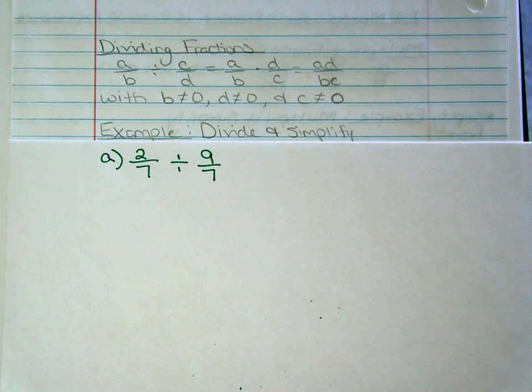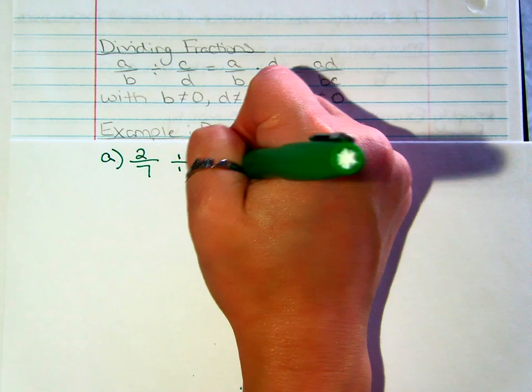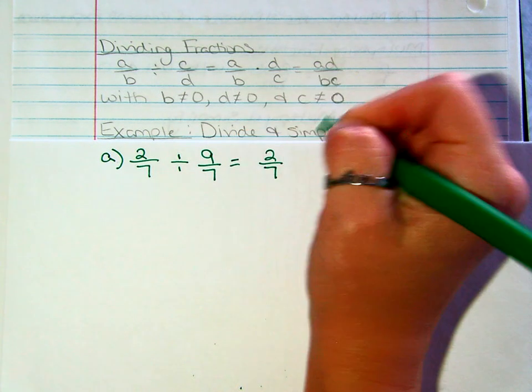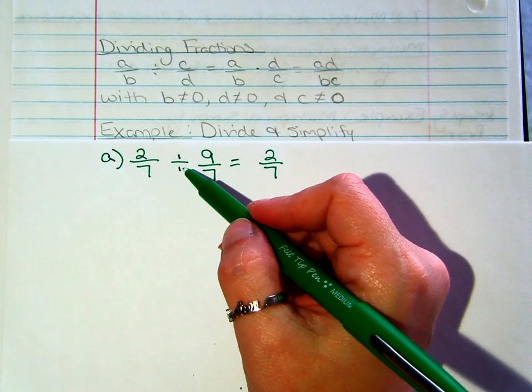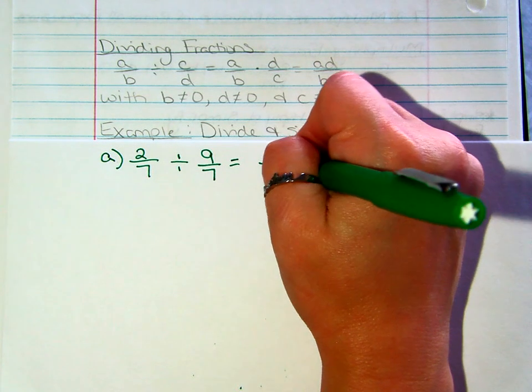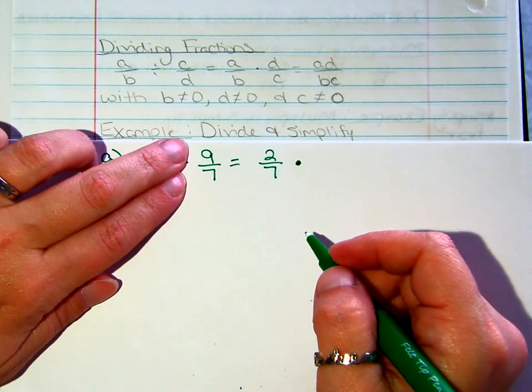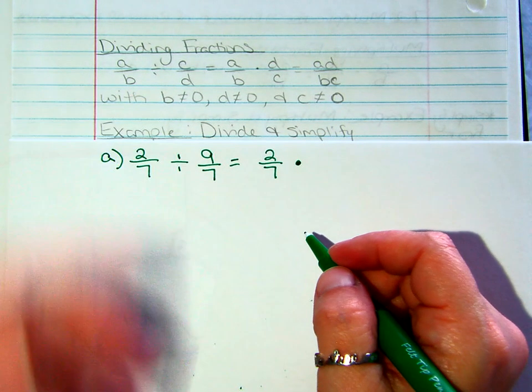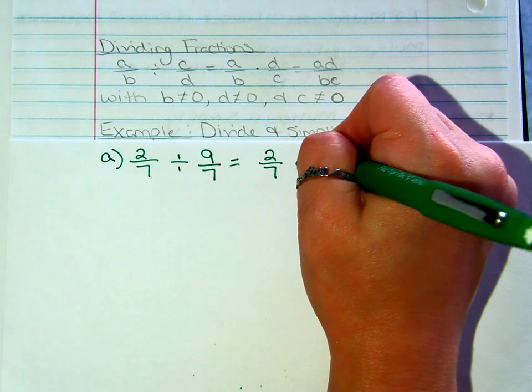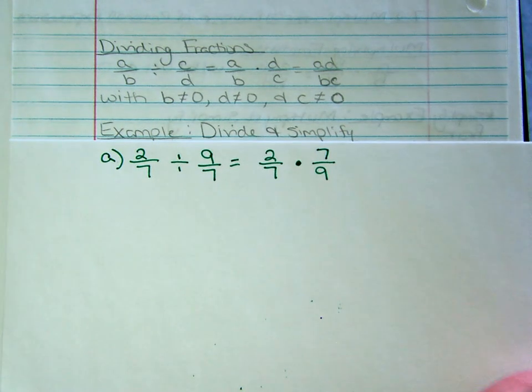No matter if you have numbers only or if you have expressions, you keep the first fraction exactly as it is. So 2/7 stays. Keep it, change it from division to multiplication, and then you're going to flip your second fraction. So instead of 9/7, I'm now going to have 7/9. And then we go back to the stuff we were doing. What does the top have in common with the bottom?